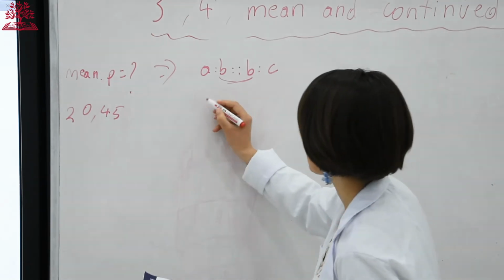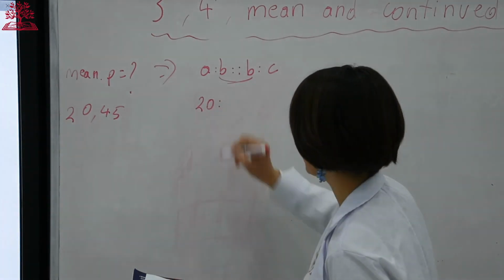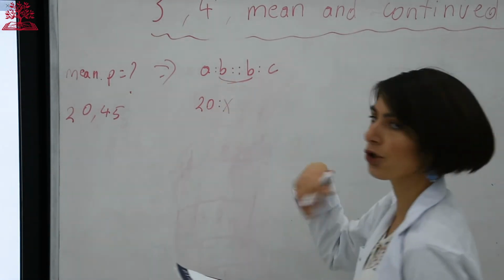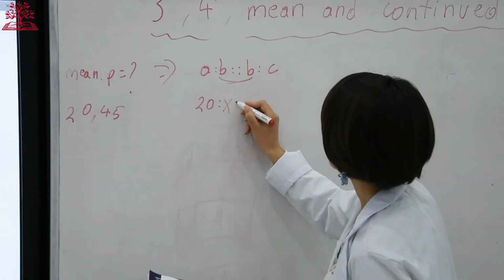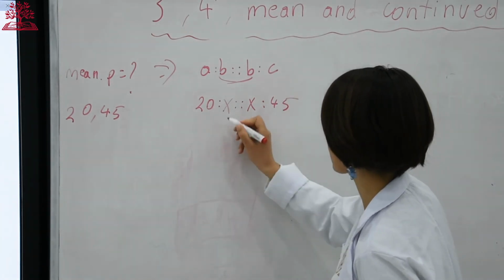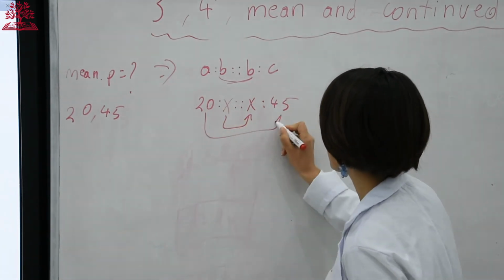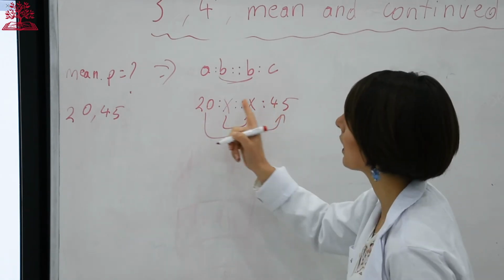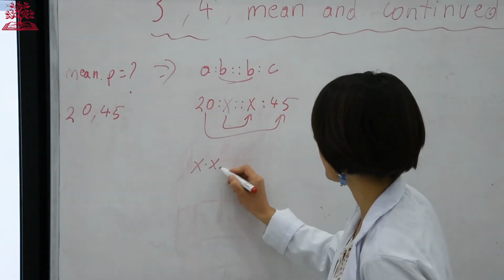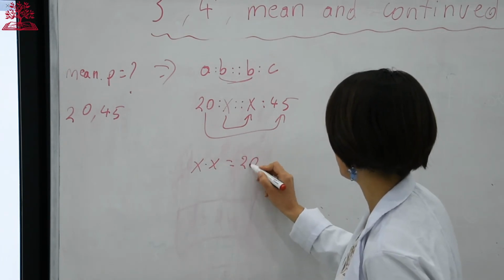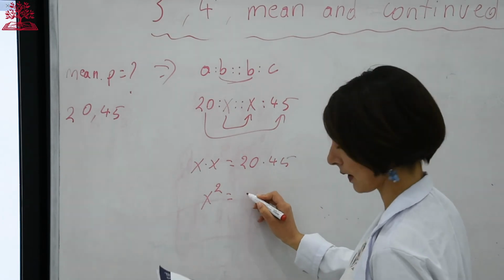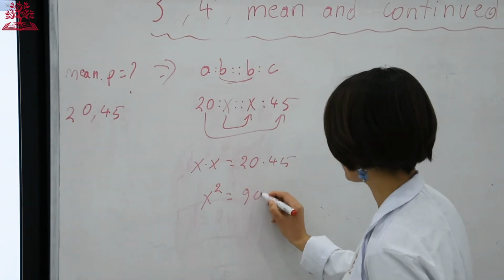So in this case, I can write that 20 to X, maybe, let's change it a little bit, equals X to 45. Never forget, the product of extremes equals the product of means, so I can write X times X equals 20 times 45, X to the power 2 equals 900.